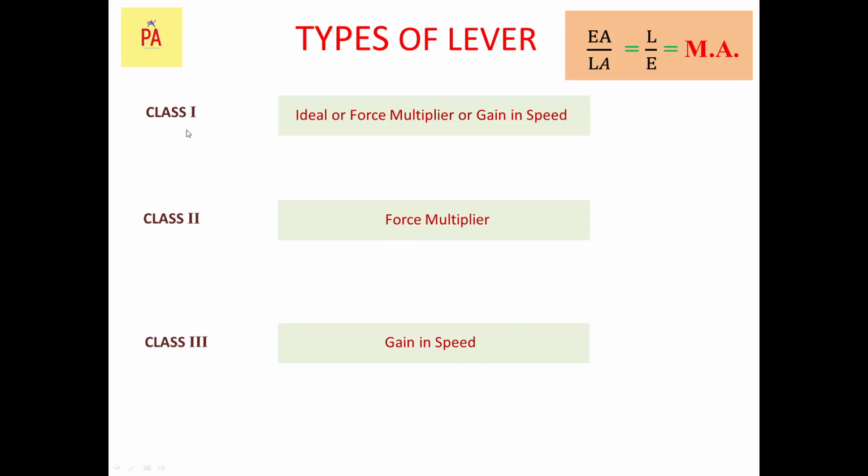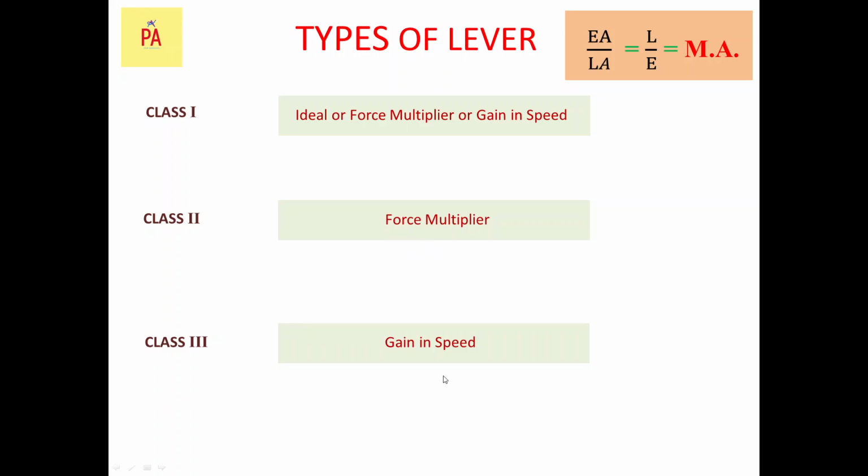So there are 3 classes of lever: class 1 is ideal or force multiplier or gain in speed; class 2 acts only as a force multiplier; and class 3 is gain in speed. There are a lot of questions like this in ICSE and in class 10 for other boards as well, such as why class 2 lever always acts as a force multiplier. Then you need to say effort arm is more than load arm, so the mechanical advantage is more than 1, so it acts as a force multiplier.